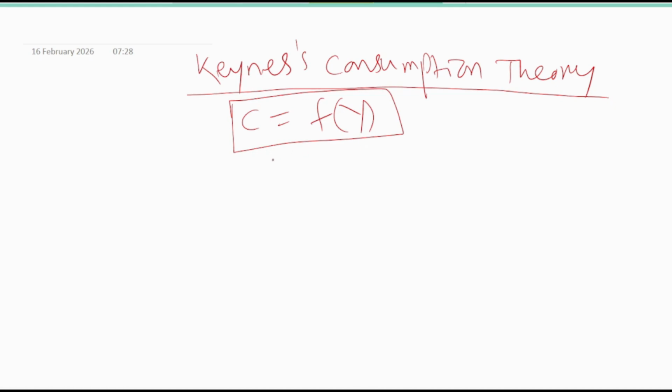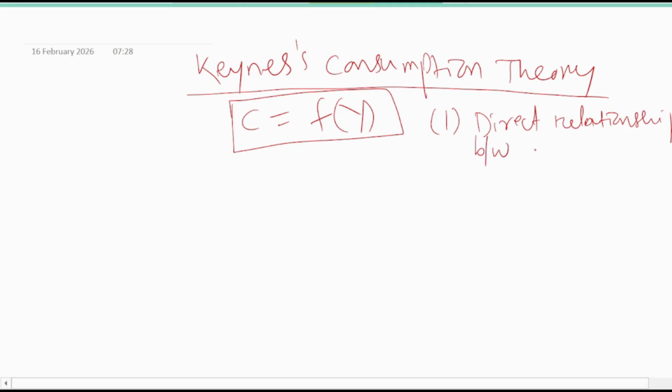C is the dependent variable, Y is the independent variable, and according to Keynes theory of consumption, first is that there is a direct relationship between income and consumption.